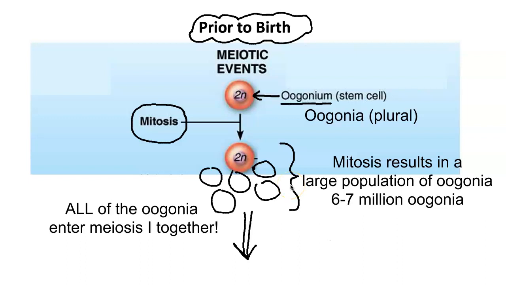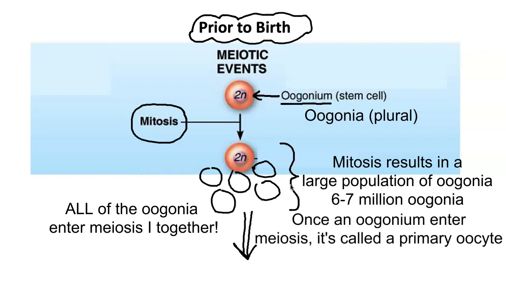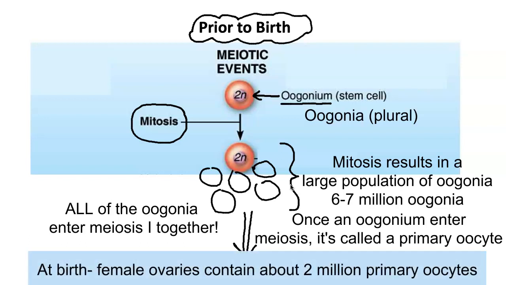So when a female is born, she is born with a population of primary oocytes. The primary oocytes are the cells that have started to undergo meiosis. Those are the ones that could eventually turn into an egg cell. By the time a person is born, many of these cells have already died off. So a female is born with about 1 million primary oocytes per ovary.